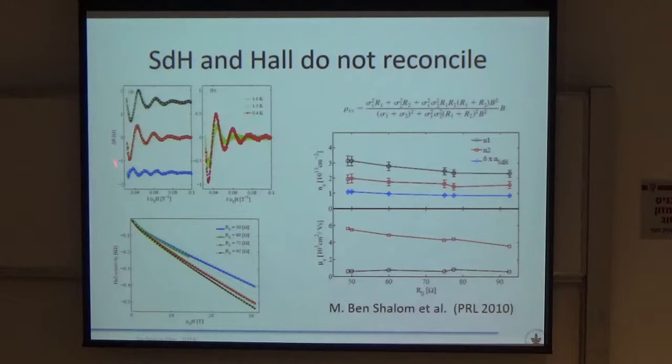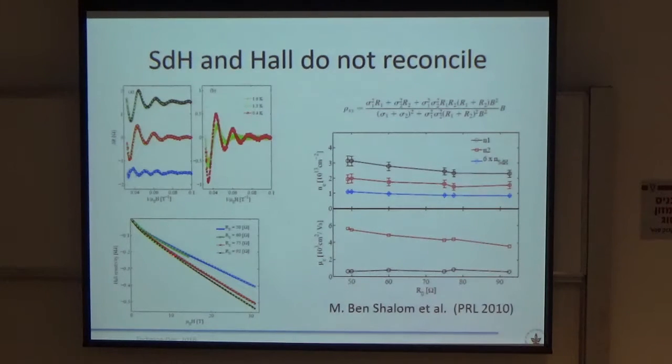And if we calculate how many electrons we have, it's a direct calculation that we learn in third year physics. And so you find 10 to the 12 electrons per centimeter squared. And now you can also measure the Hall effect, and you see that the Hall effect is not linear, okay? So we have two bands.